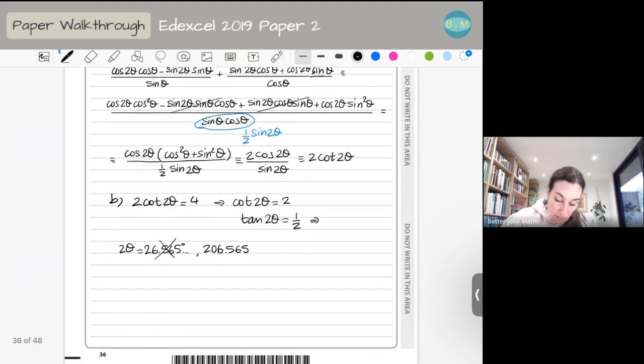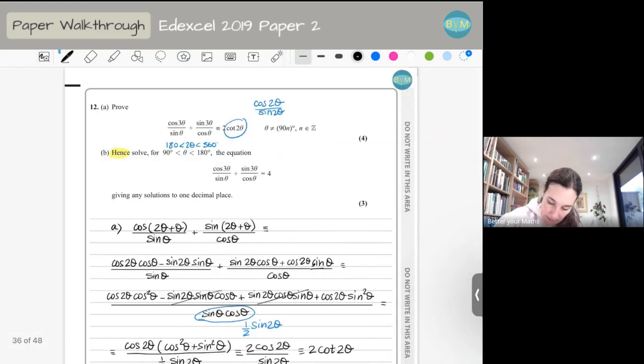And the last thing you do is divide by 2, but you do that after you find all the solutions, not before. So when you divide that by 2, and we need to round, 206.565 divided by 2. I don't want to lose decimals, so θ is going to be 103.2825.